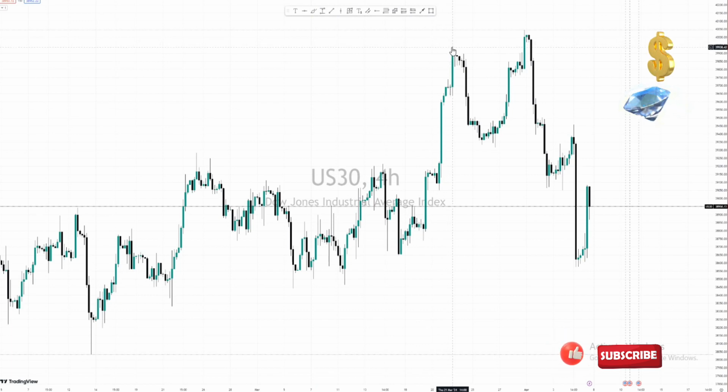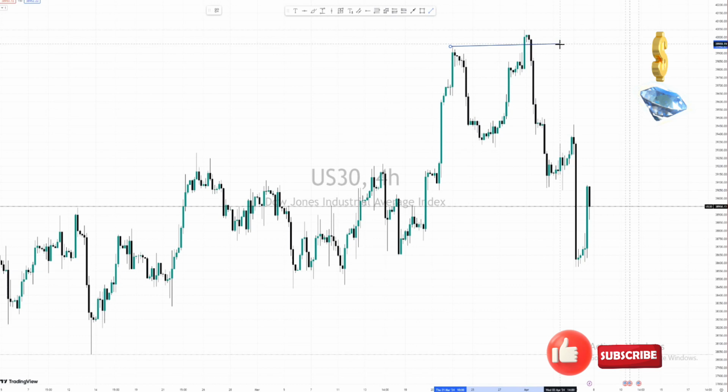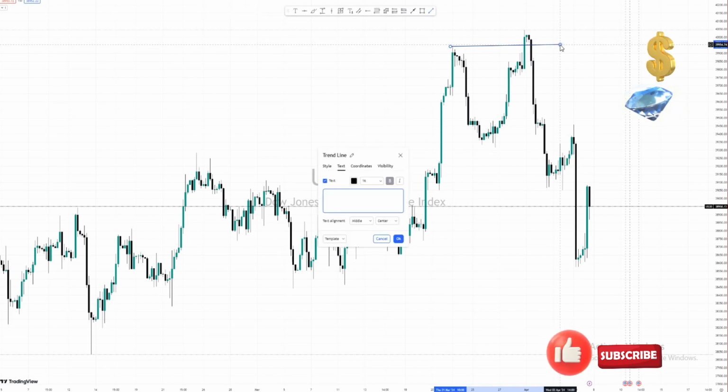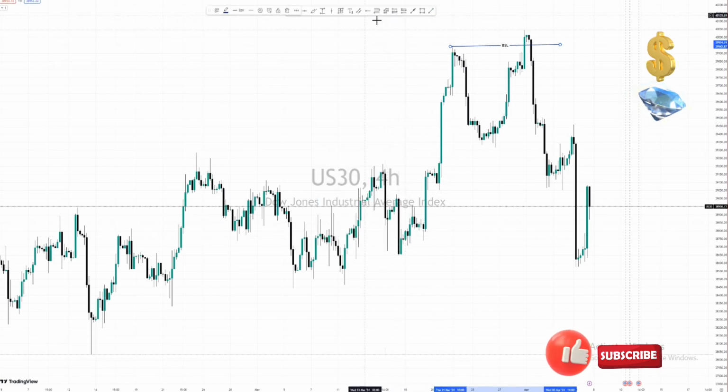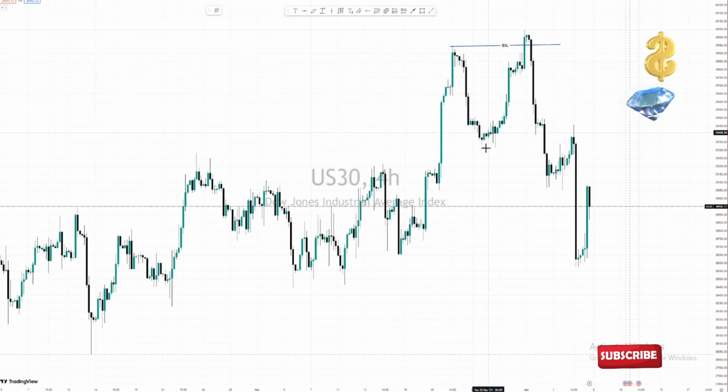So this is a buy side liquidity that was taken here. Buy side liquidity, okay, BSL. Then here is our sell side liquidity.